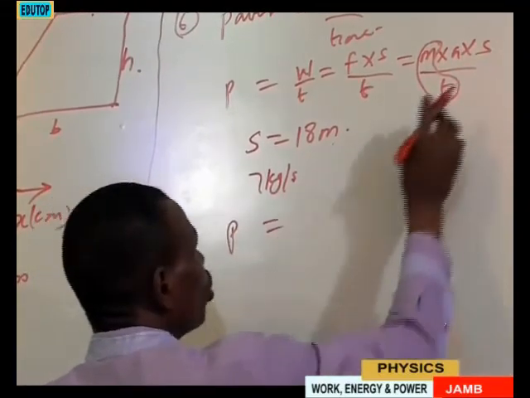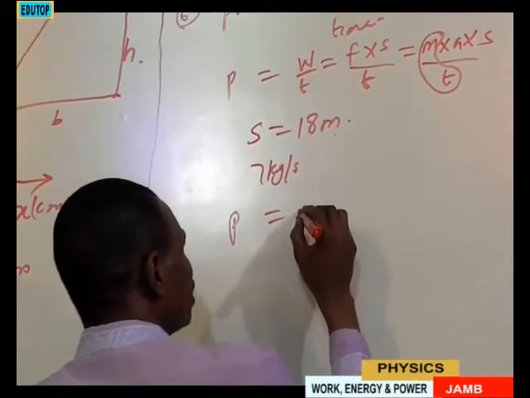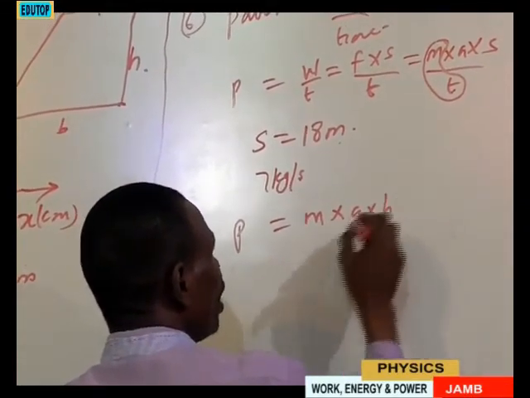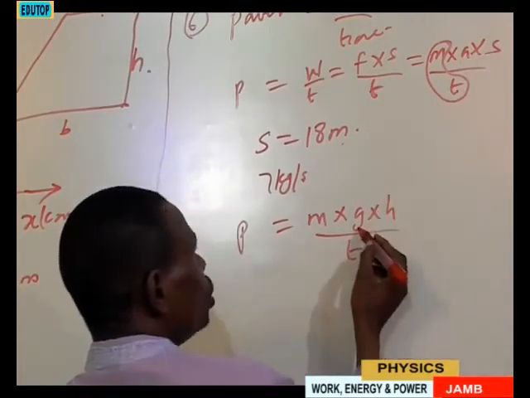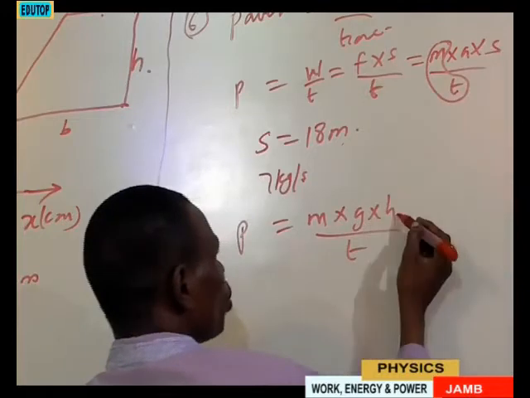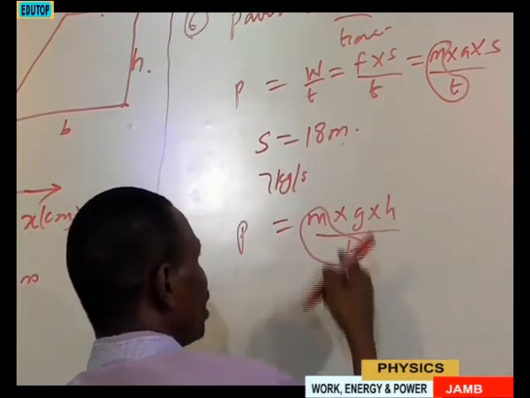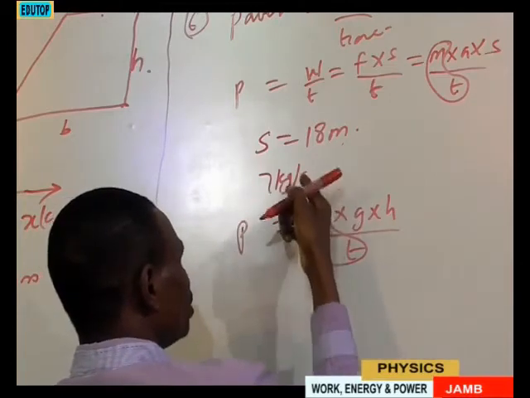Power is equal to, let's take it to the motion of a body under gravity. We are going to have M times G times H over T. Instead of having acceleration, I want to have G. Instead of having distance, I want to have H for height. Then we are going to have M and T together because we are given kilogram per second. Kilogram is mass, seconds is time.